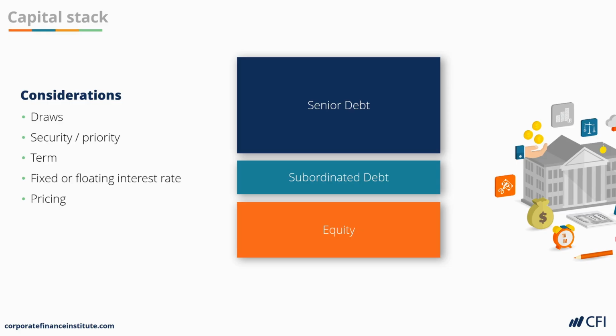The term is the length of time that the borrowing will be outstanding. The interest rates, of course, could be fixed or floating, and then there's the pricing of equity that needs to be taken into consideration as well. So when we build our development model together, we will be taking into account the capital structure and the rate of return that is generated for different investors in this project.